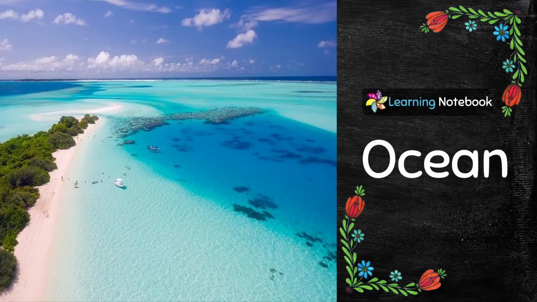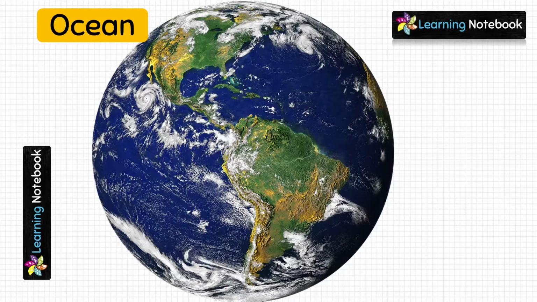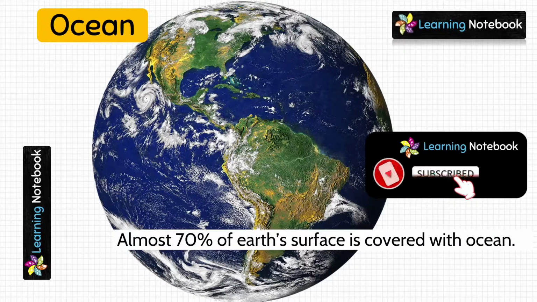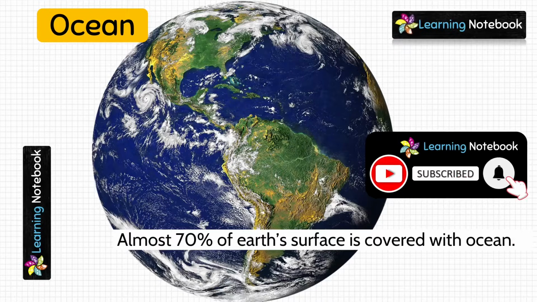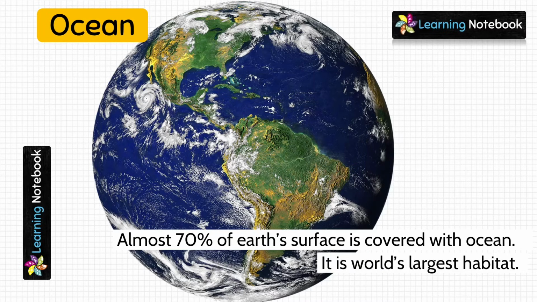Now let's learn about the next type of habitat, which is ocean. Almost 70% of the Earth's surface is covered with ocean. And therefore, we can say ocean is the world's largest habitat.